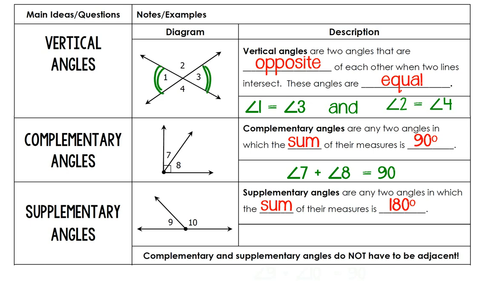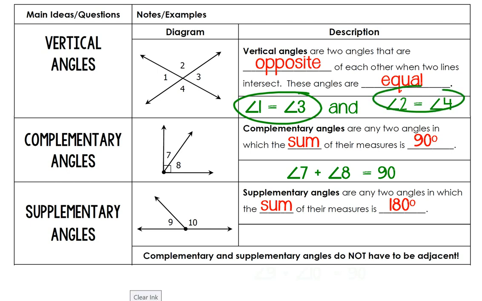And if I asked you to find the measure and you said, oh, 150 degrees, your common sense should tell you that's not right. So opposite angles that touch at the vertex are always equal to each other. So in this example, angle 1 is equal to angle 3, and angle 2 is equal to angle 4.